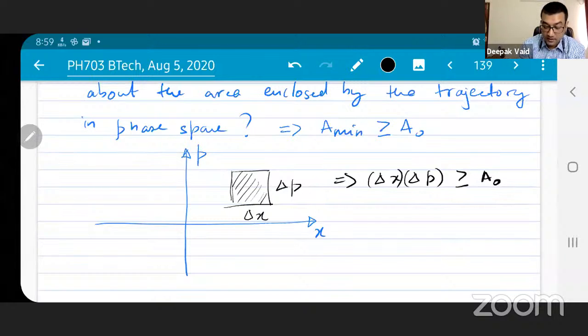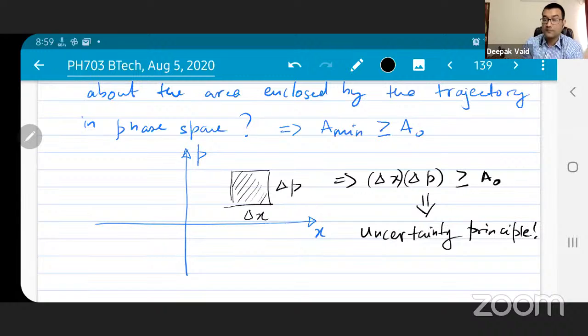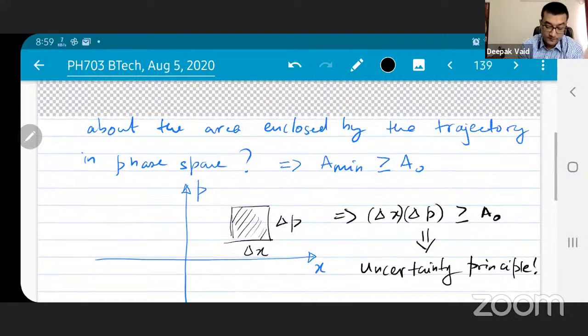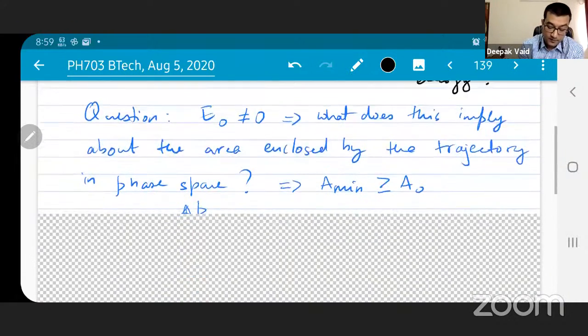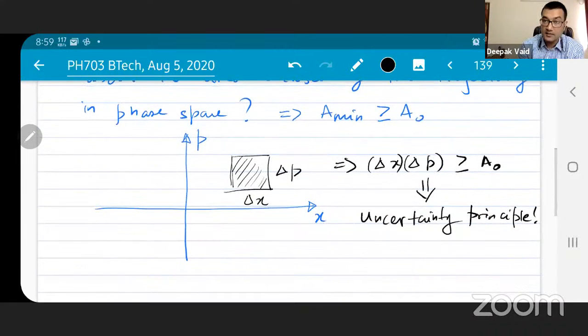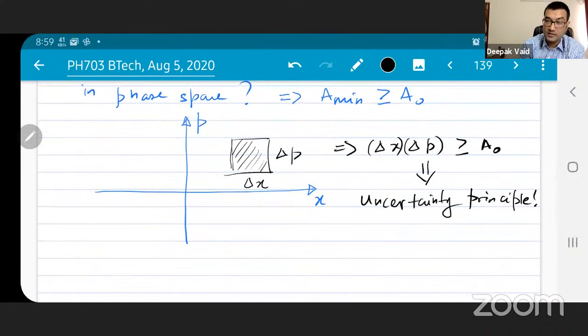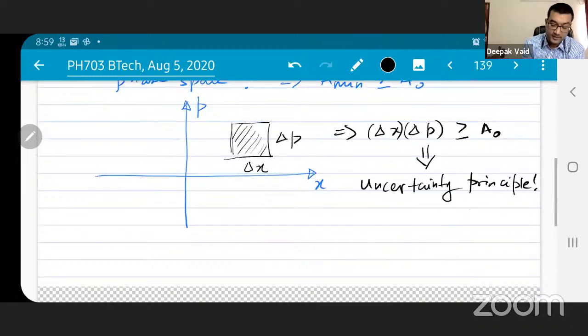Right? And what is this? This is a statement of the uncertainty principle. So if you have a classical particle, the classical particle can move in any trajectory, right?